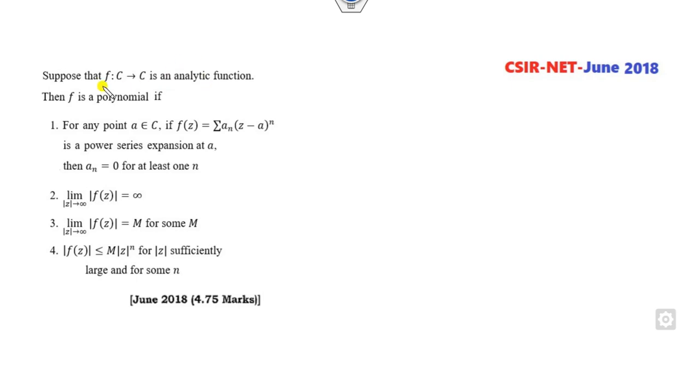Okay, look at this one. f is an analytic function. Fine, f is analytic means you can also say it is an entire function. This is the power series, that's why I consider this question here. f is a polynomial if, firstly I will tell you the rule for when a complex function is a polynomial.